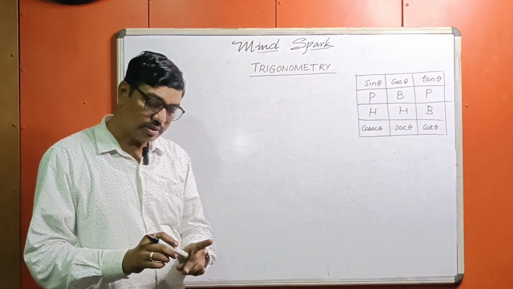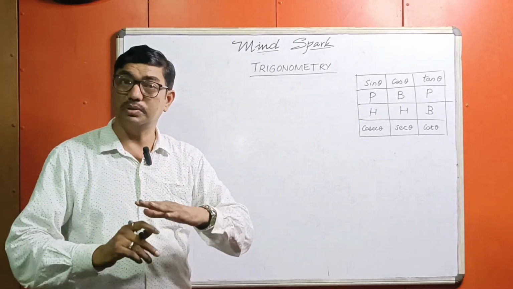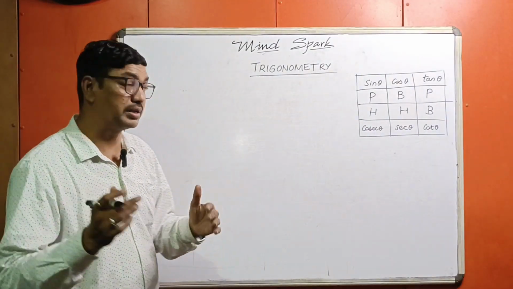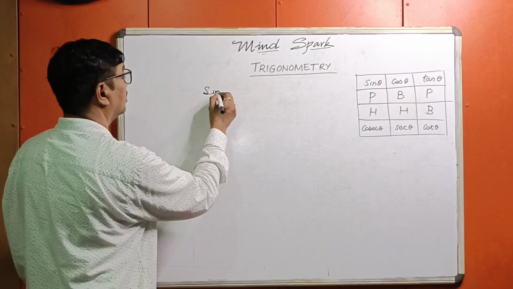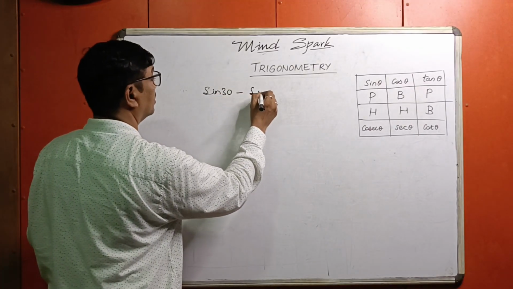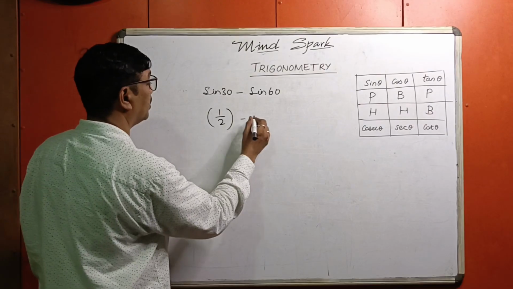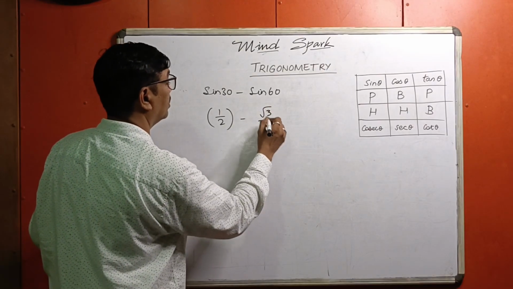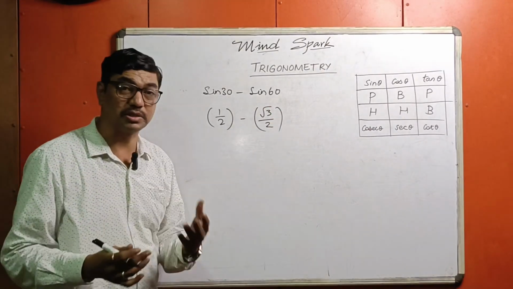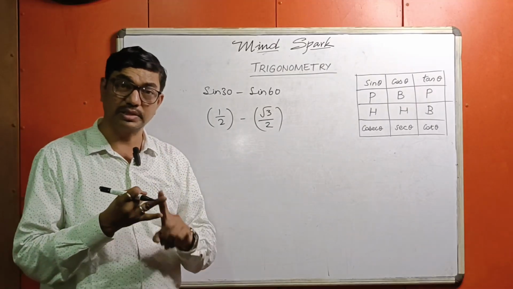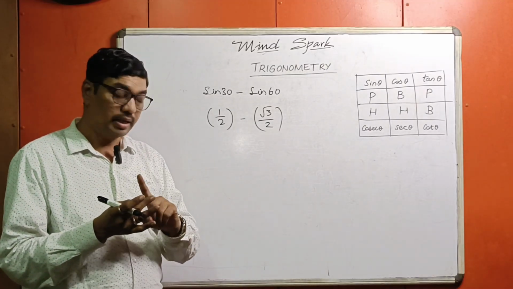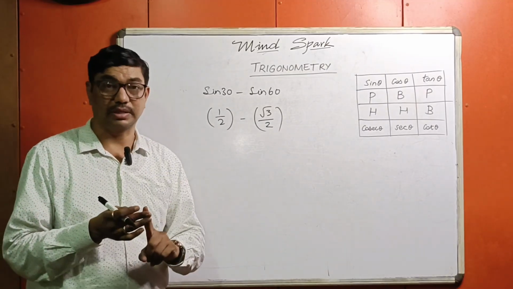Next comes the same value when you find the difference, or subtract: sine 30 minus sine 60. What is the sine 30 value? 1 by 2 minus root 3 by 2. So you will know all the operations: multiplication, division, addition and subtraction.